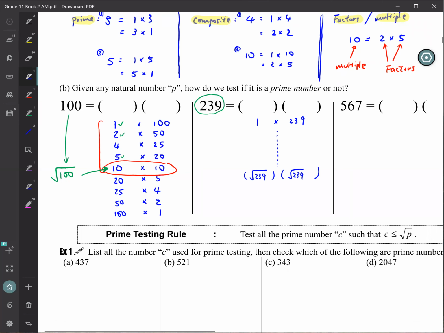So we'll find the square root of 239. Everyone, please take out your calculator and calculate the square root of 239, and raise your hand once you got the number.